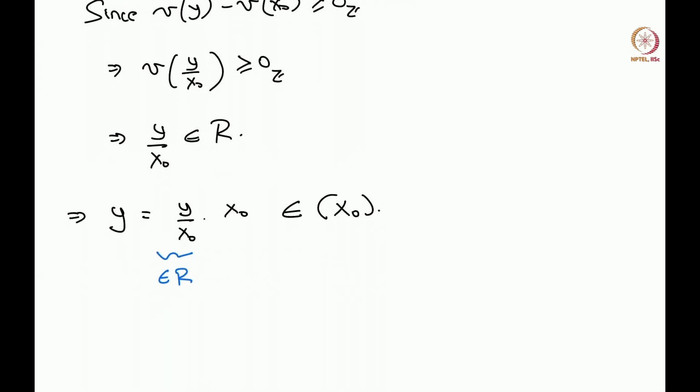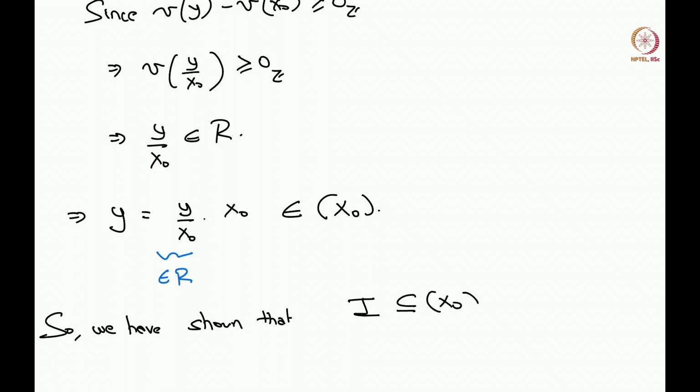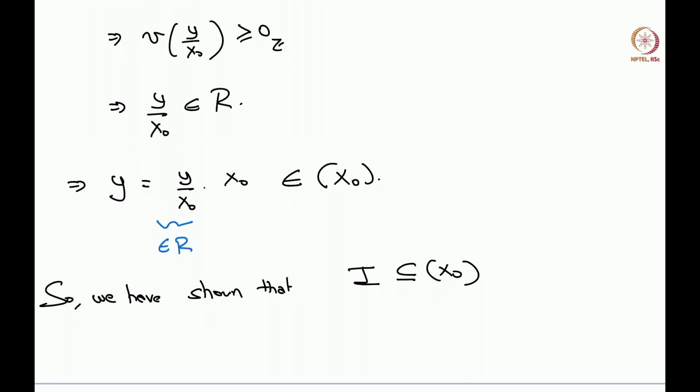So we've shown that any non-zero element y of the ideal I sits inside the ideal generated by x naught. So I sits inside the ideal generated by x naught. The 0 element belongs to all ideals.